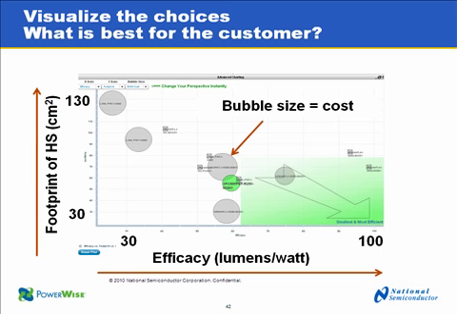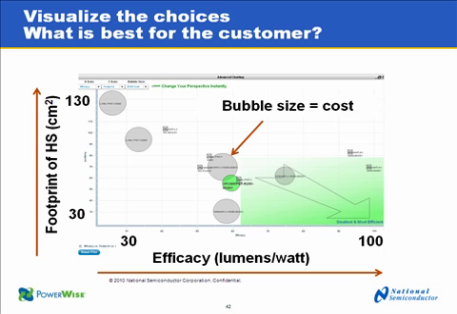Now, as you can see here, if we go to the upper left of the graph, we've got stuff that actually has low efficacy and high footprint, which is not real desirable. And as you go down to the right, we're starting to get into higher efficacy and smaller footprint. There's nothing that's deliberately in the right corner here, because that's the best of both worlds. And so typically what you'll get is either small footprint and a compromise in efficacy, or you'll have a larger footprint when you go to the higher efficacy solutions.